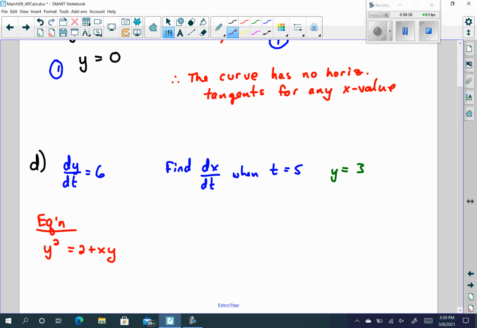Now what we found earlier was dy over dx. This is dy over dt, so we have to do a little bit of extra work. But dy over dt is equal to dy over dx times dx over dt.